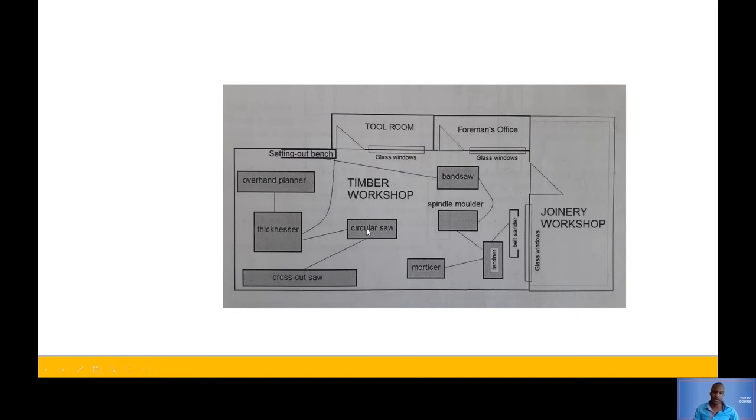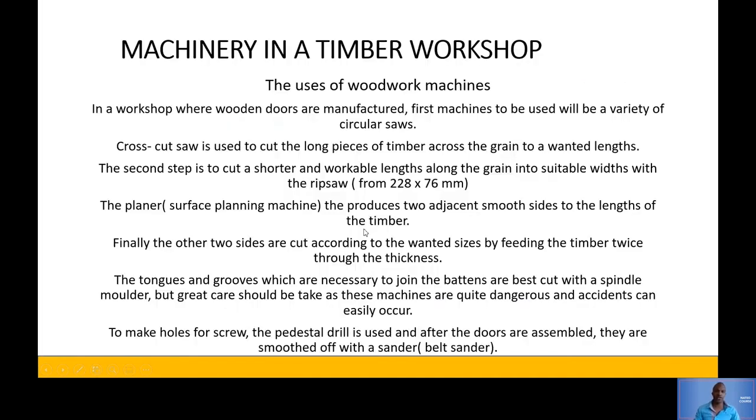And then you use circular saws to cut it diagonally. So it's like cutting this long piece into two pieces. The theory starts on circular saws here, even though the cross-cut saw can be a circular saw.